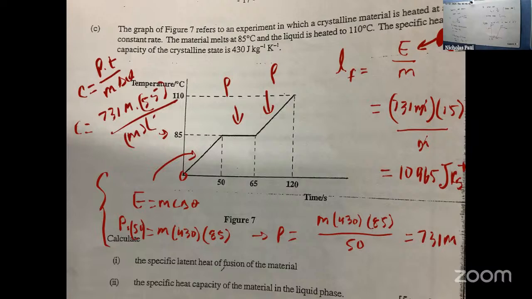The m will cancel and you will get 731 by 55 over 25. I got 1608. That would be joules per kilogram per Kelvin. It's okay to put Celsius.